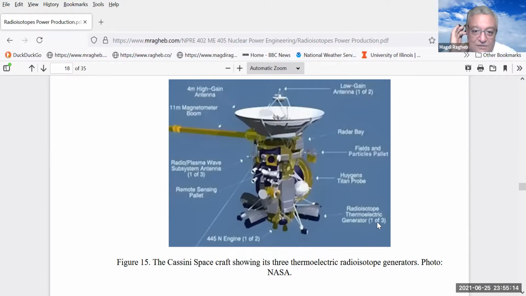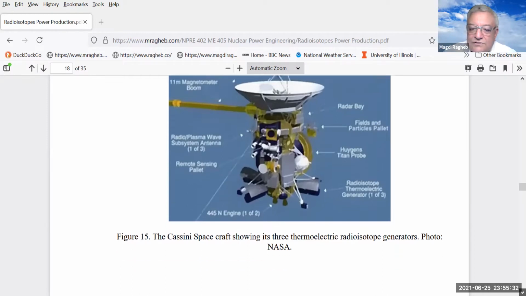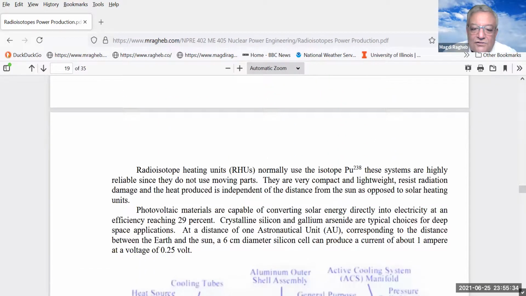And they are shown here to provide power to all the components, especially the communication dish, to communicate with the Cassini spacecraft, which was sent, I think, to Saturn, one of the missions for it.